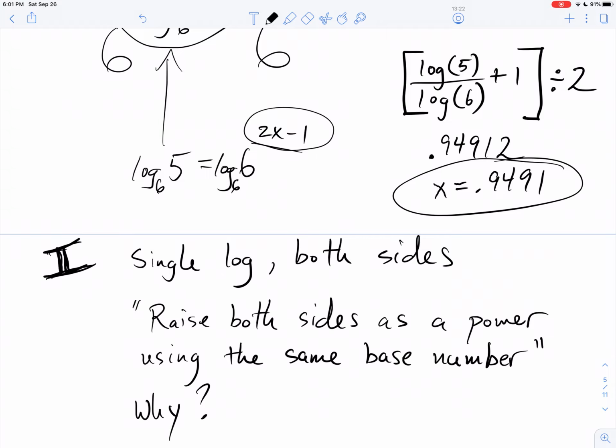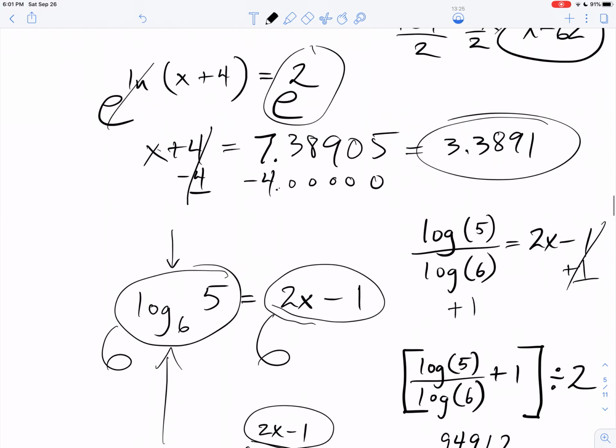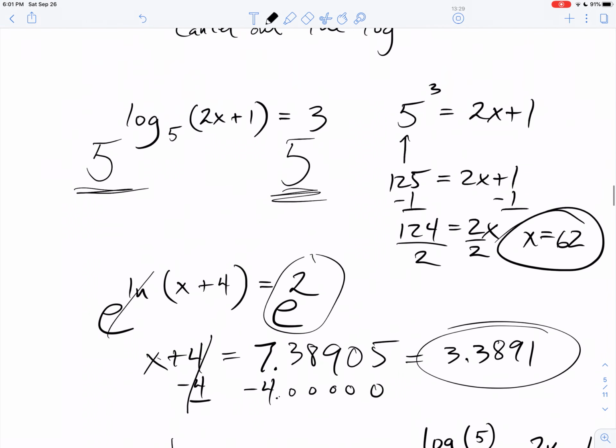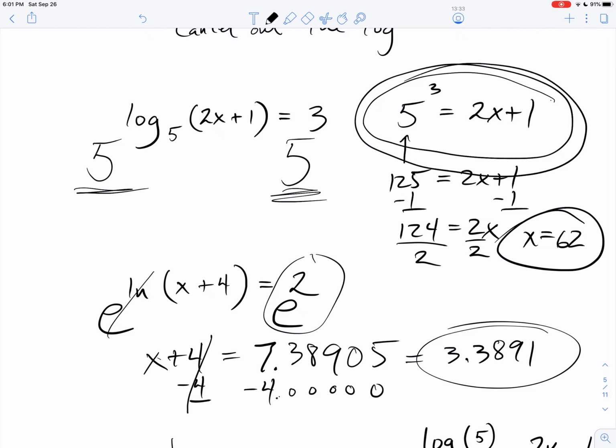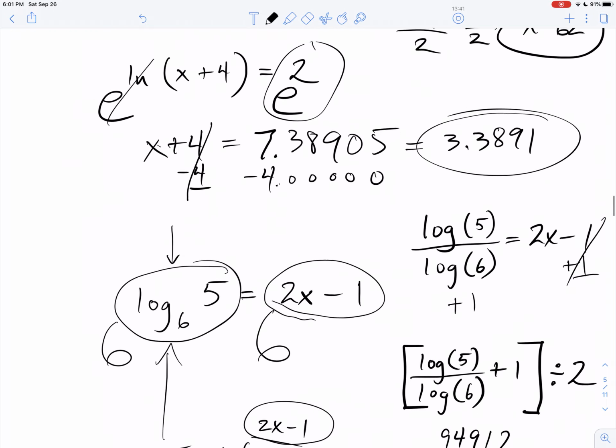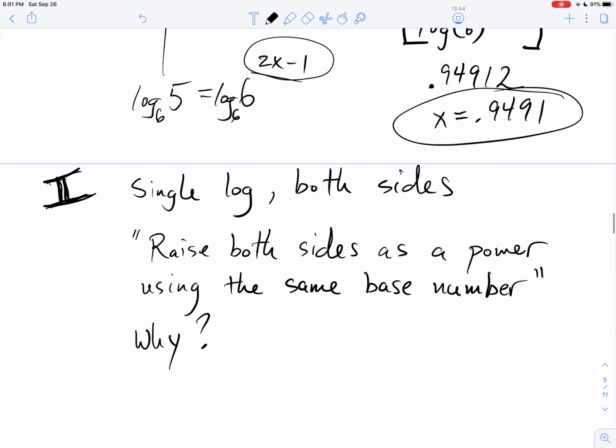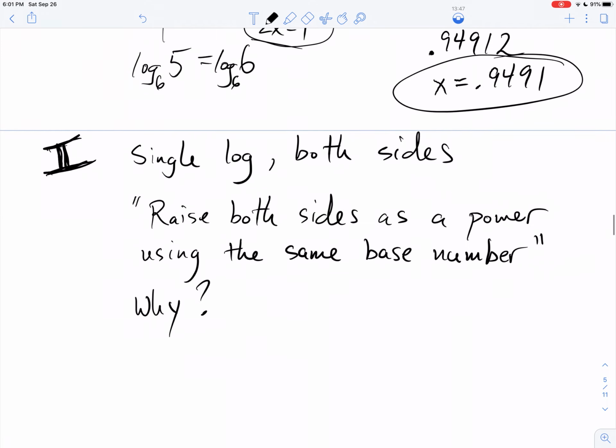Now, this is when you can't just convert. Base stays the base. Flip-flop. I can do that because this original problem here had a log only on one side. But here we go. It says single log both sides, raise both sides as a power using the same base number.